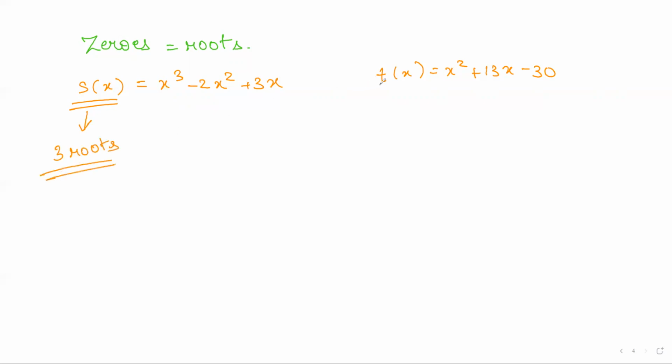Let's consider one more example. Let us consider s of x as x cubed minus 2x squared plus 3x. And another example, t of x is equal to x squared plus 13x minus 30. By observation, here s of x can have three roots or zeros. t of x will have two roots.